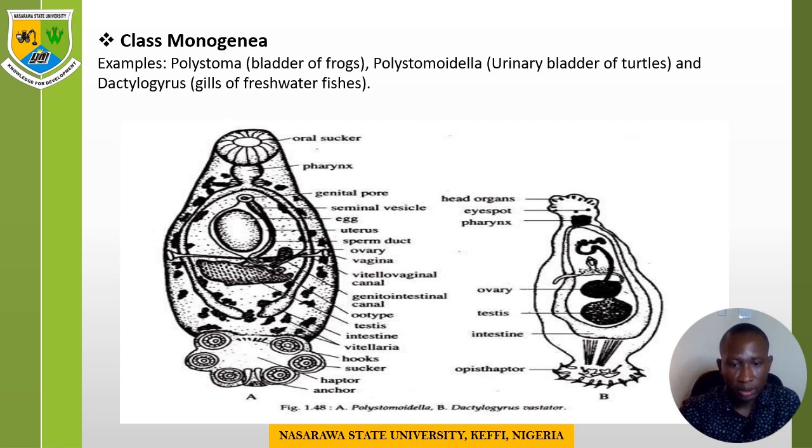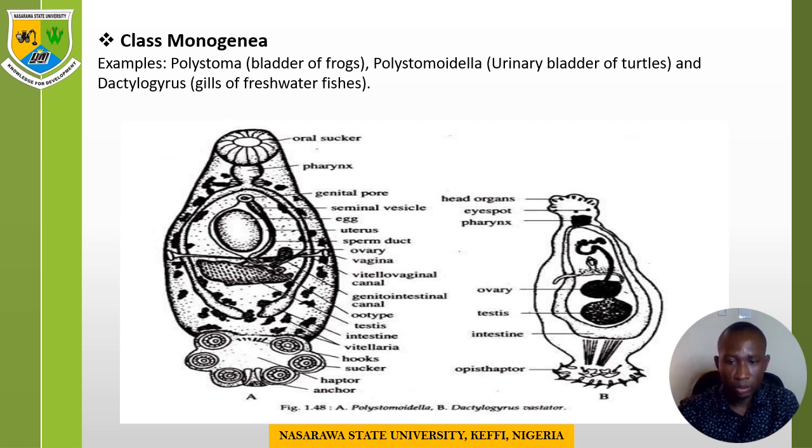We also have Dactylogyrus. At the anterior end we could see the head organs, the eye spot, the pharynx, the ovary, and towards the posterior end we could see the opisthaptor, which is located at the posterior end of the organism.